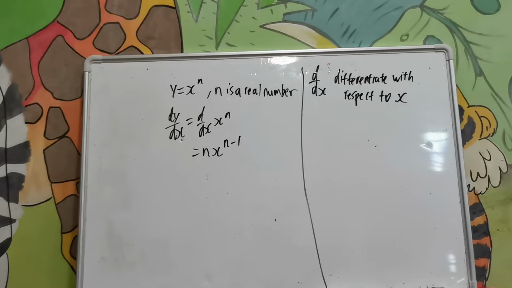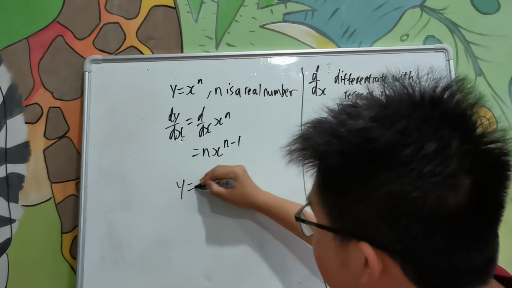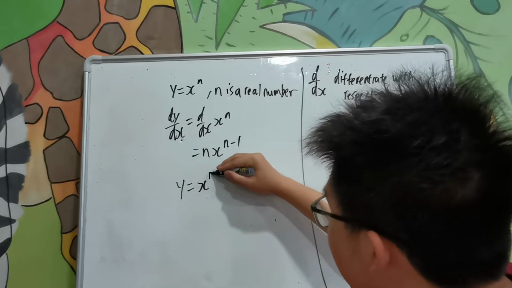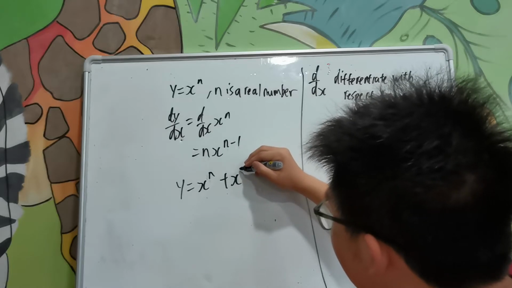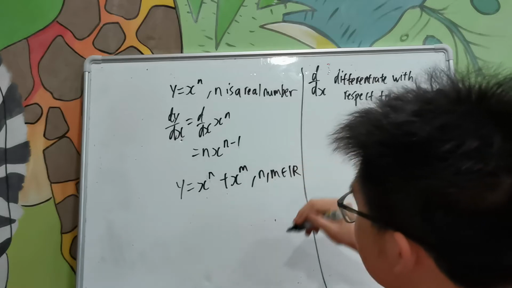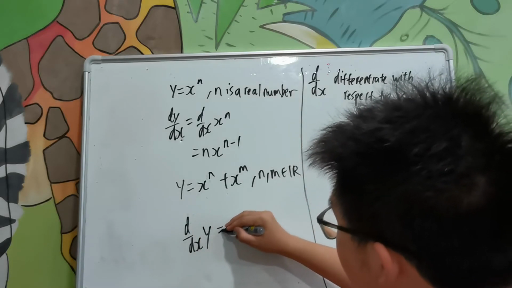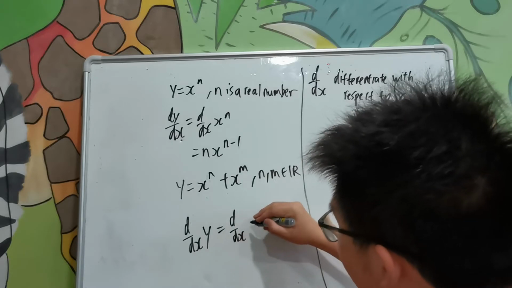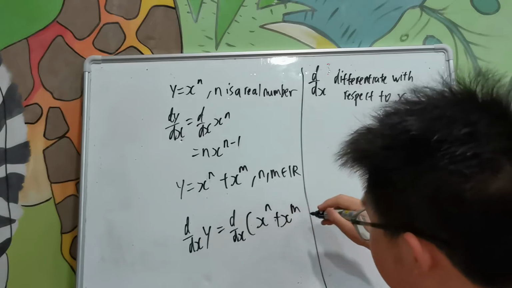So another rule is, let's say I have y equals x power n plus x power m, where n and m are real numbers. Then d dx of y equals d dx of bracket x power n plus x power m.